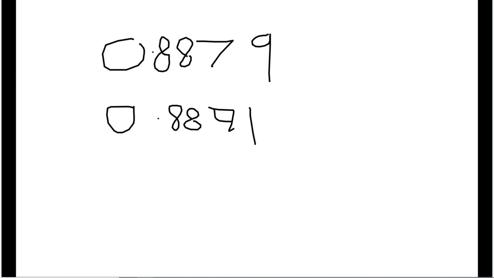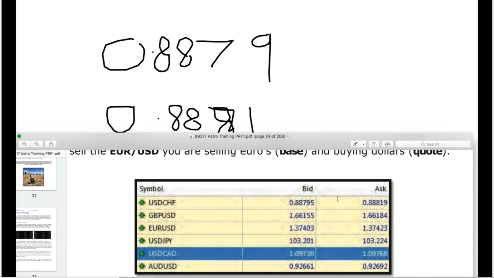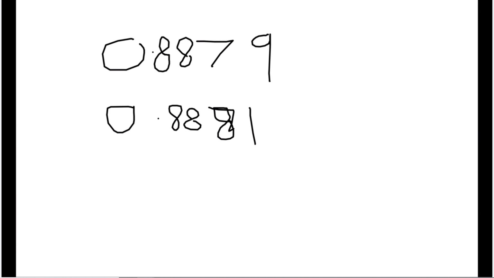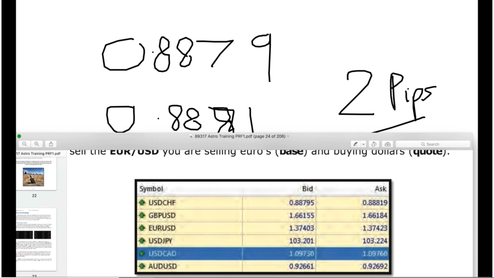Anyway, guys, it's in the book. The fifth decimal here, I've ignored again, and I've explained why. So we go 1, 2, 3, 4. If we go from 79 to 81, simple maths, it is a difference of 2 pips.